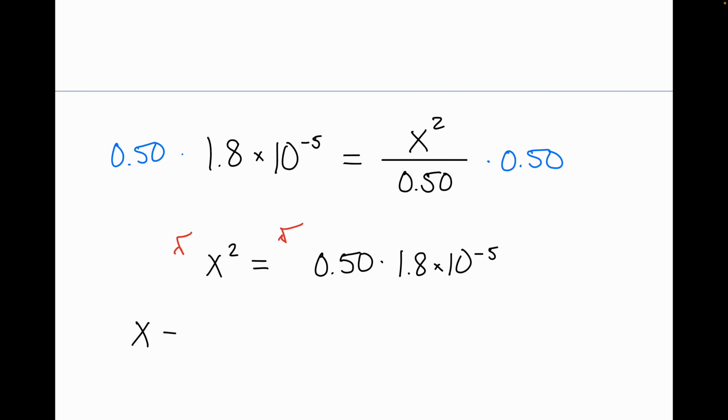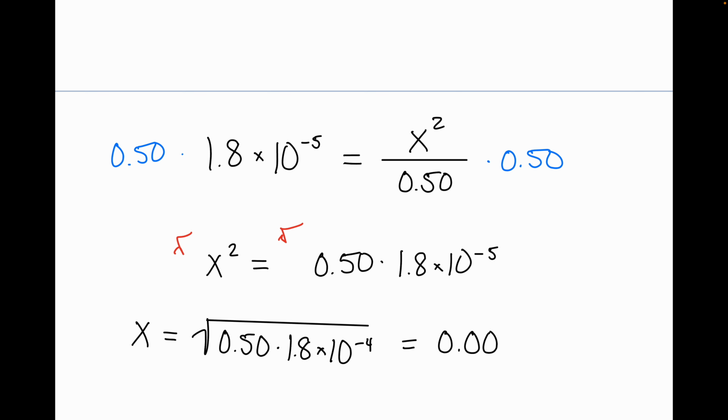So I get x equals the square root of 0.50 times that 1.8 times 10 to the negative 4. All right, which I punch into my calculator, and I get 0.003. Oh, my bad, times 10 to the negative 5, I'm sorry.